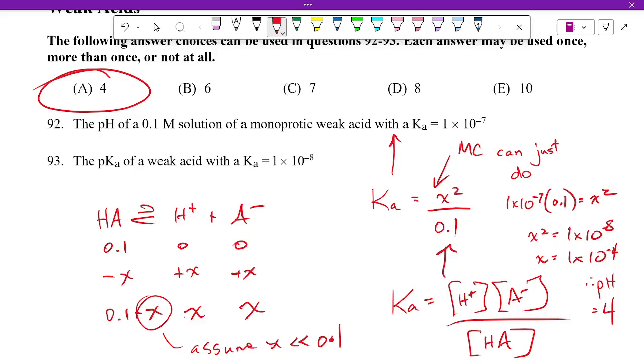So even though that looks like it's a big, long question, it's really not, because the math is all stuff you could do in your head without crunching numbers, because they're all just powers of 10 with a 1 in front of them.